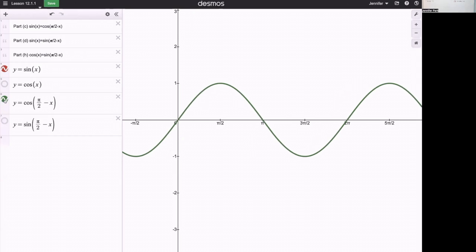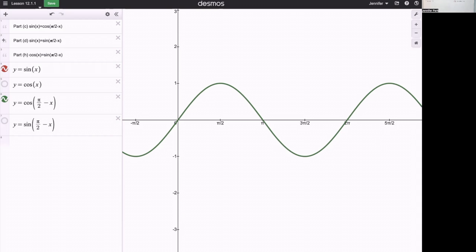In this case, here's a regular cosine graph, the blue one. If you shift that cosine graph to the right by pi over 2, then you will have the green one. That means sine is actually the cosine graph shifted over by pi over 2 radians. It's going to be the exact same graph. So C is always true.